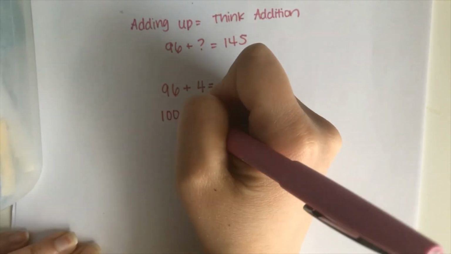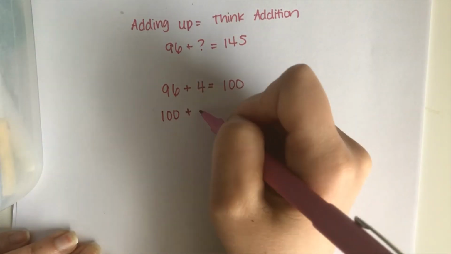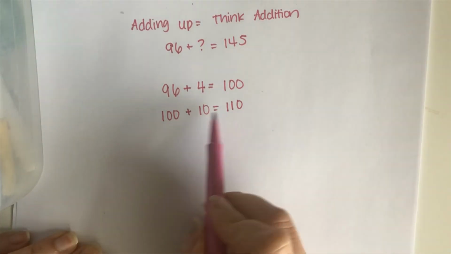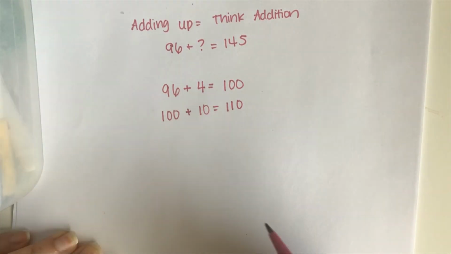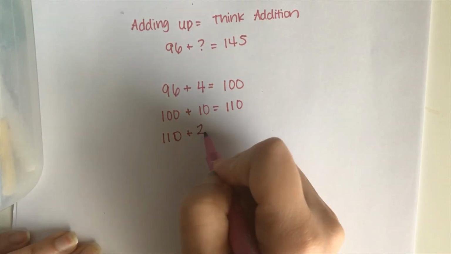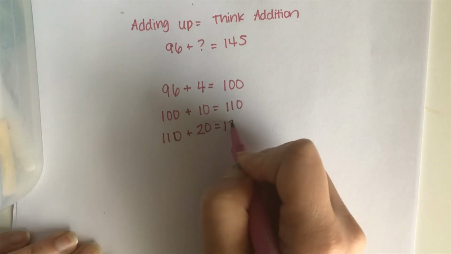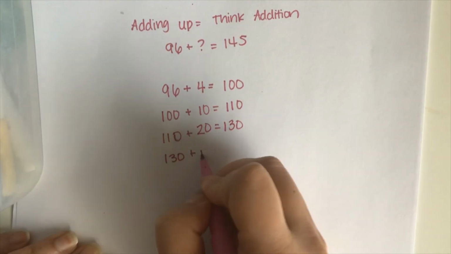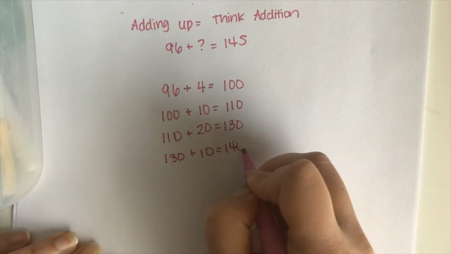So I'm going to do smaller jumps and try to get to 145. So I added 10 more and I got 110. From 110, if I add 20 more, what do I get? 130. I'm really close right now. So 130, if I add 10 more, I get 140.